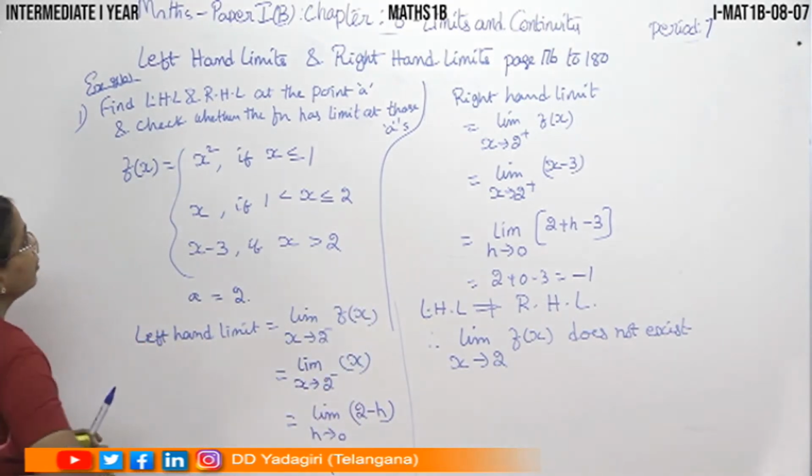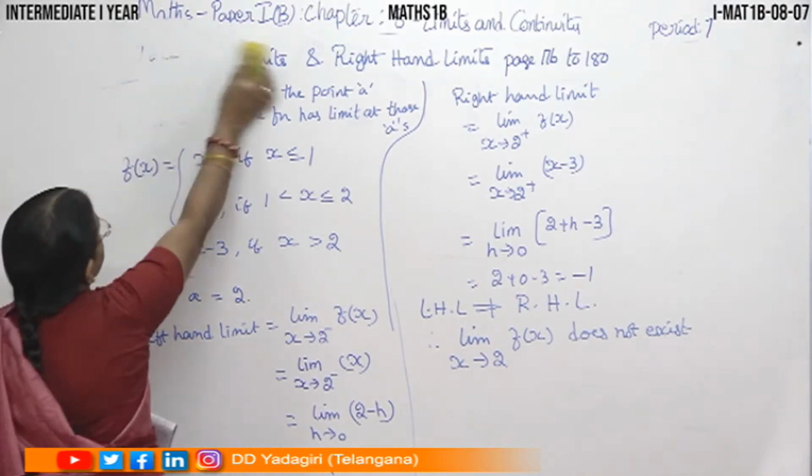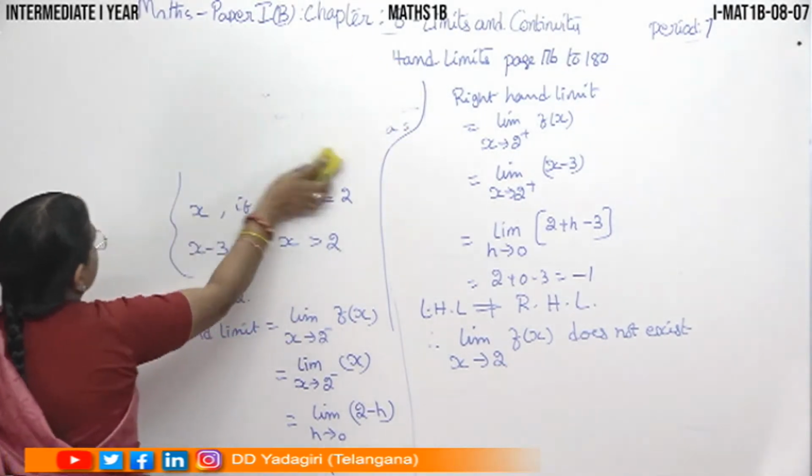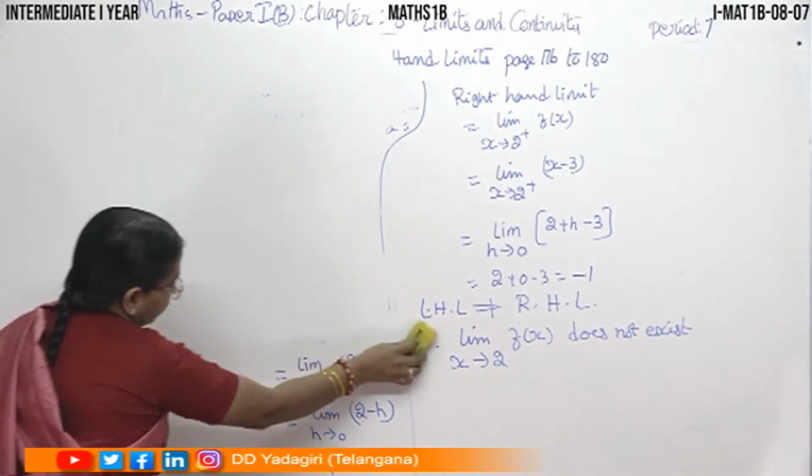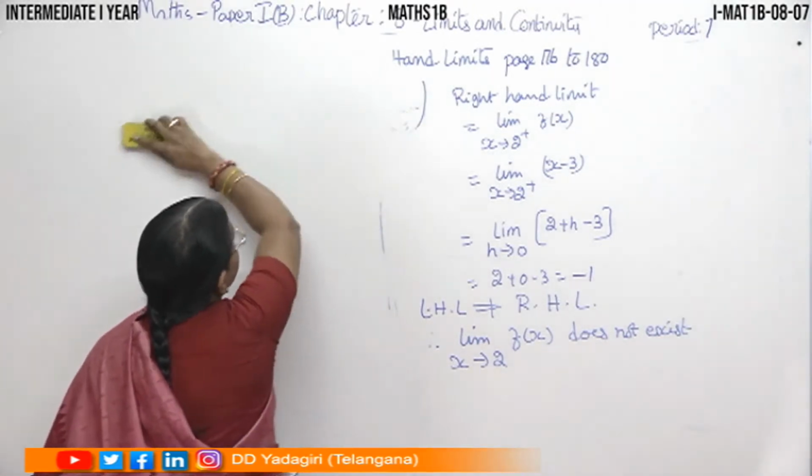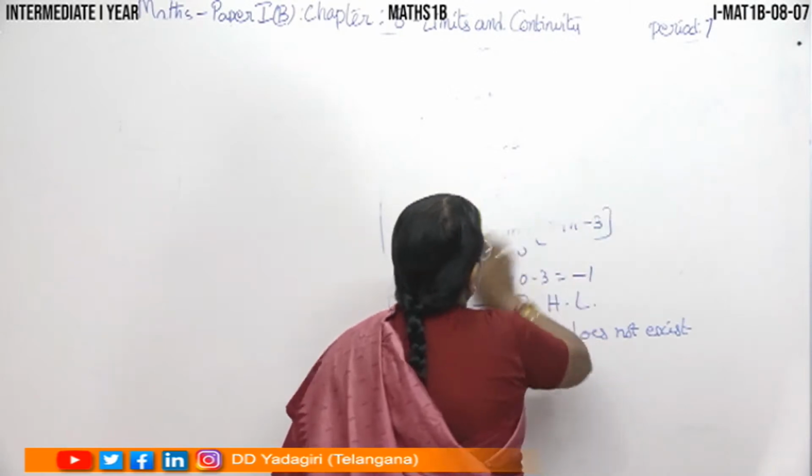So okay, now next, the question is same. I'm just erasing, the question is same. So find the left hand limit, right hand limit.